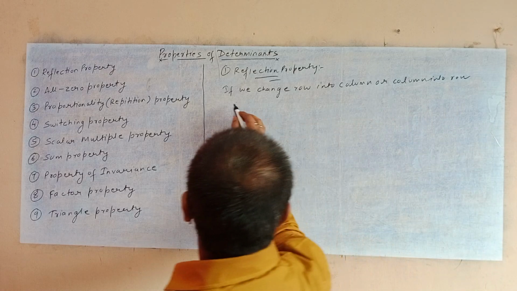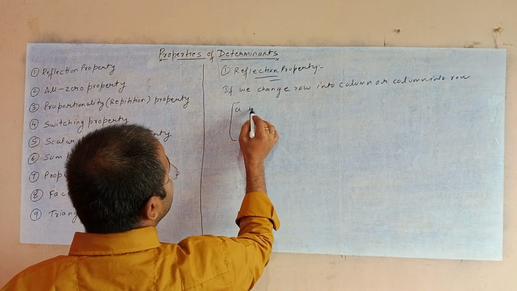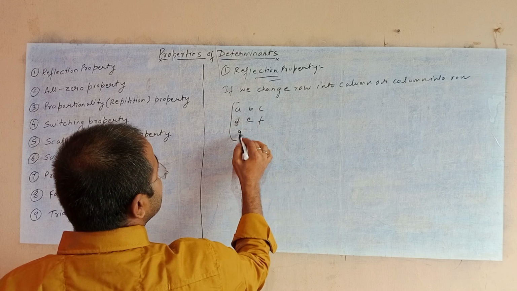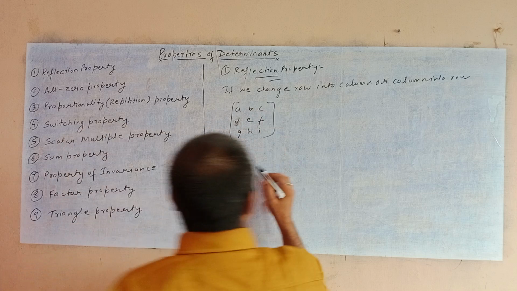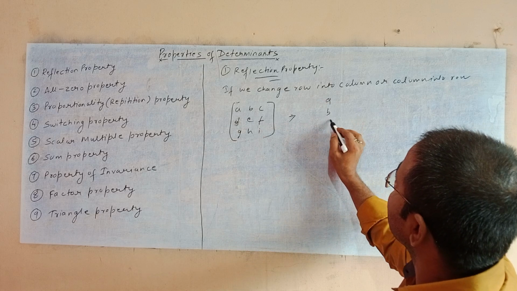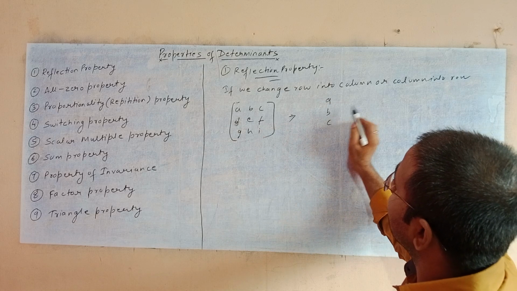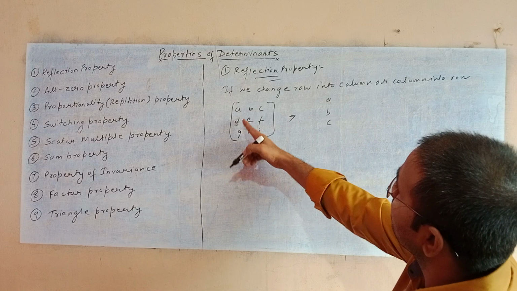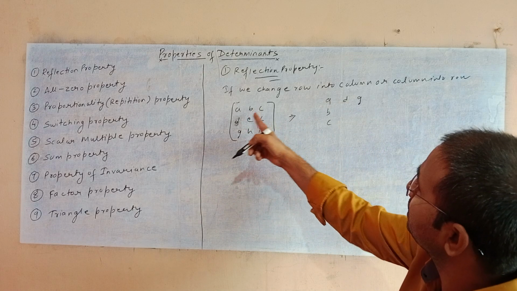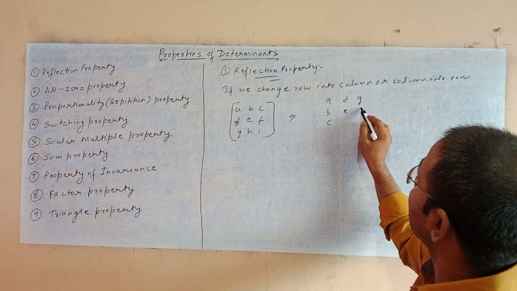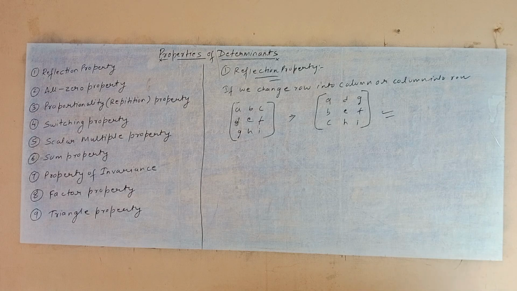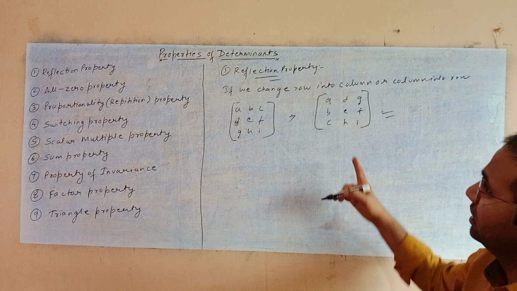Suppose a matrix is there: a b c, d e f, g h i. If we write this matrix as a b c in the first column, then d e f, and g h i, that is, we are interchanging rows and columns, then no effect will be there.